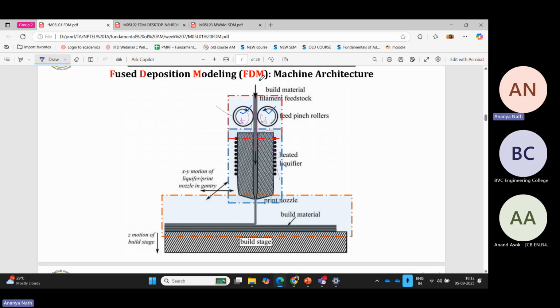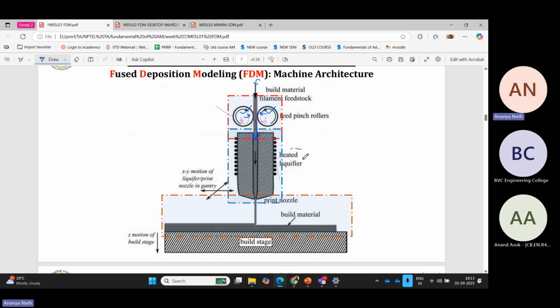From one side you are pushing the sugar cane, and because of the pushing of the roller and rotation, the sugar cane comes outside the roller squeezed, and the juice comes out. Here, the same mechanism: this pinch roller will push and rotate, so due to the rotation, the wire will move, and due to the force, the wire will be squeezed, and it will come out of the pinch roller and go inside the heater.